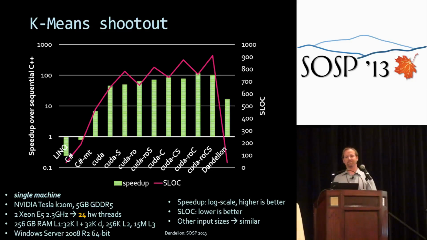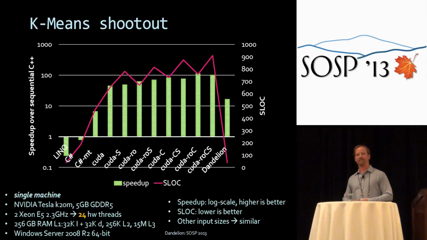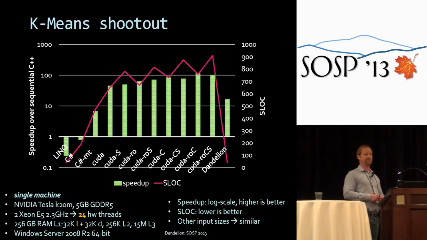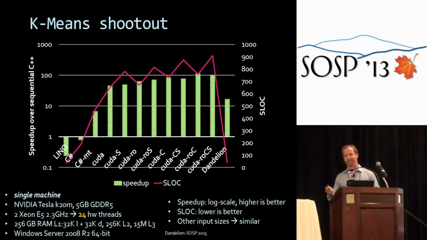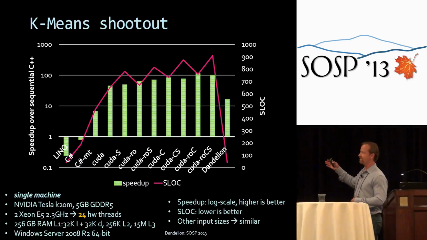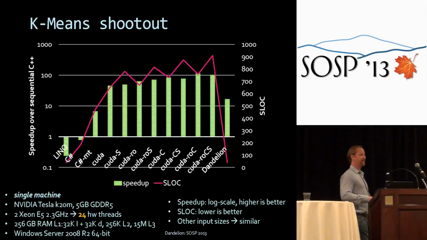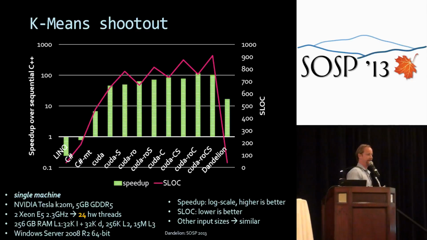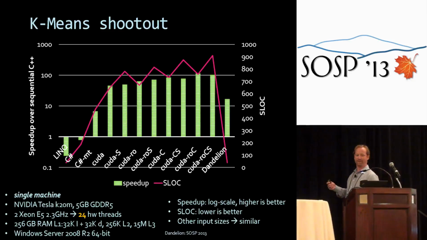All through the center are a number of CUDA implementations, each of which exercises increasingly sophisticated microarchitectural features and investment of programmer effort. And on the far right is the Dandelion implementation. The green bars are the speed up over a sequential C++ implementation of k-means. And the blue line is the number of lines of code in each. So what you really want is a very low blue line and a tall green bar.